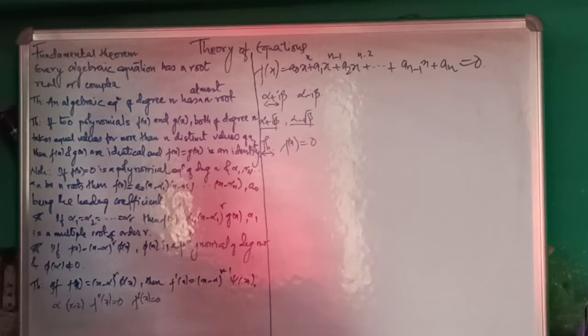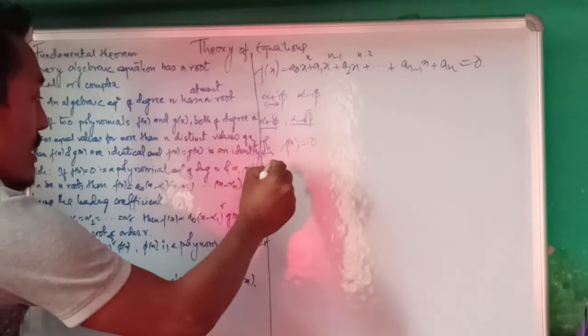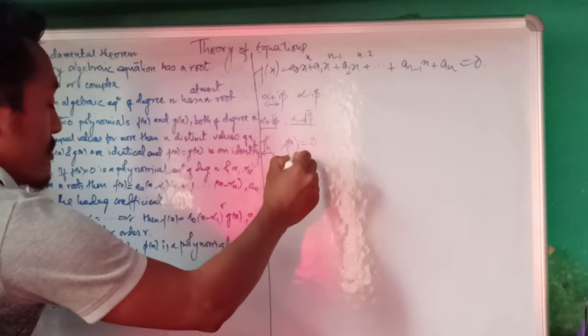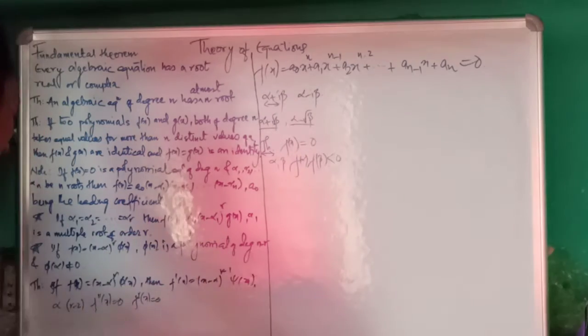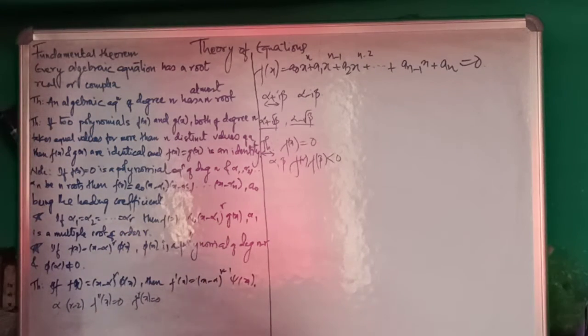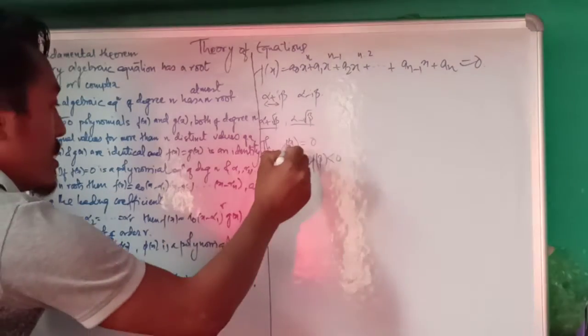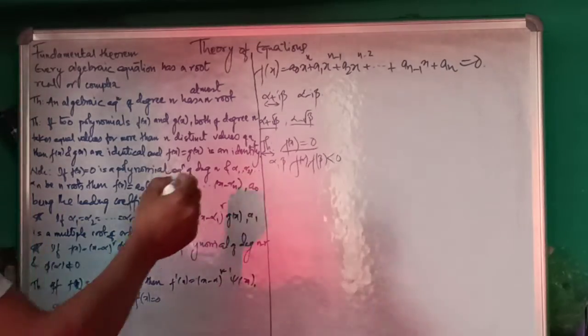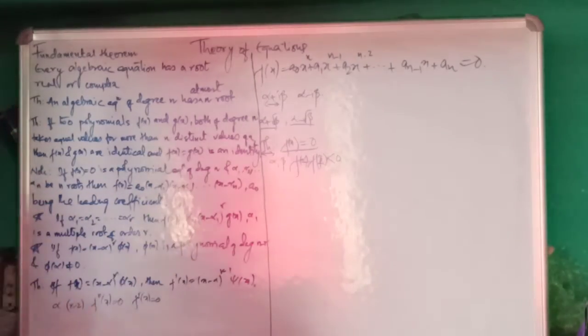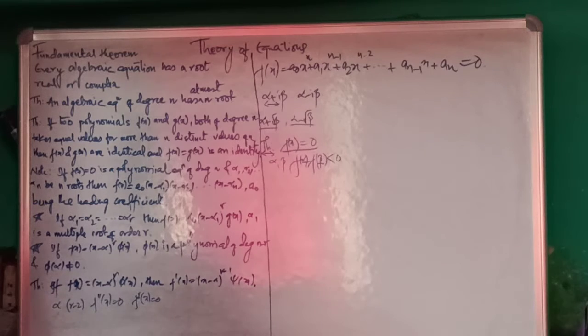If alpha and beta are two distinct real numbers such that f of alpha into f of beta is negative, that is, f of alpha and f of beta are of opposite signs, then f of x equals 0 has at least one real root between alpha and beta.